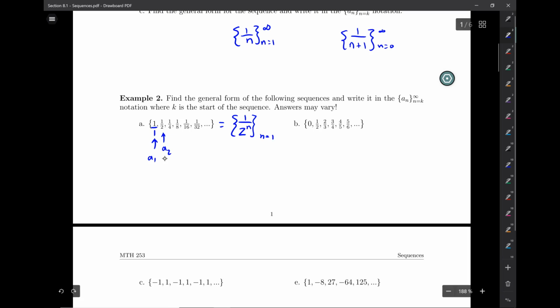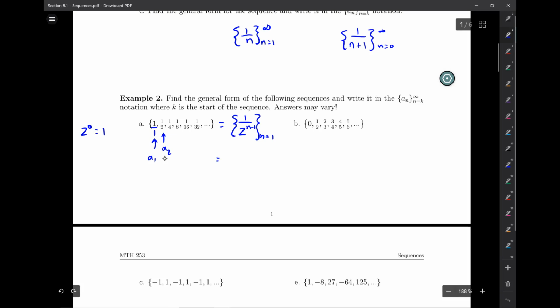So starting at 1, it wouldn't just be 1 over 2 to the n, because then my first term would end up being 1/2 instead of 1. And so what we can do to change that is we can take 1 away in that exponent, so that now when I plug in 1 for n, I would end up having 1 over 2 to the 0, which does give me the first term. Just remember that anything to the 0 power ends up giving 1.